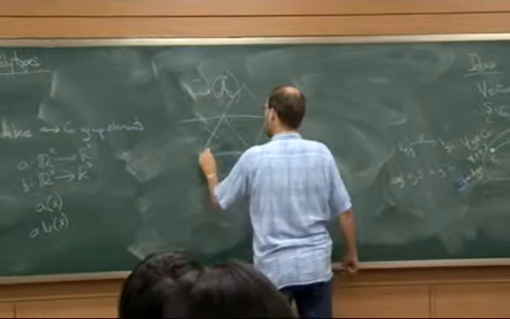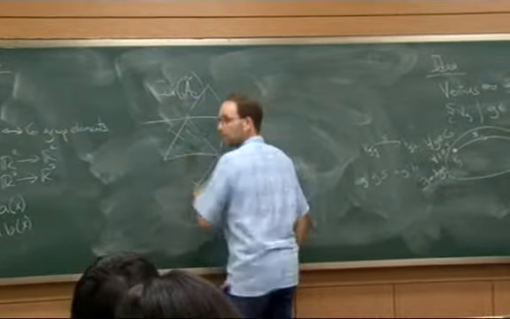This is my fundamental domain. I'm going to put a dot in the center, and the group has one group element for every triangle. Right, continuing on.